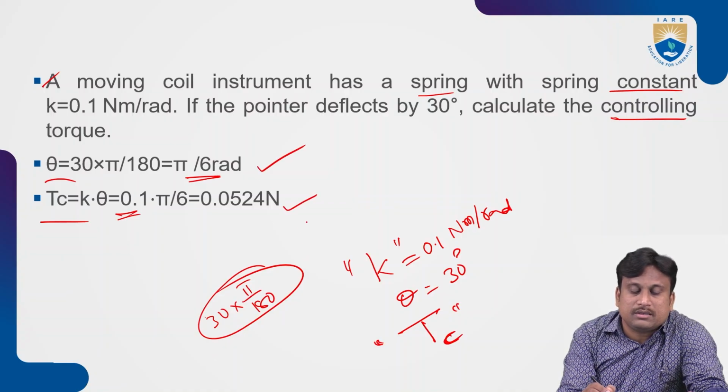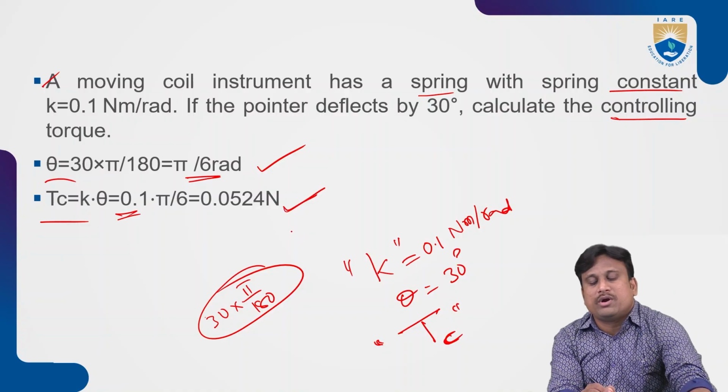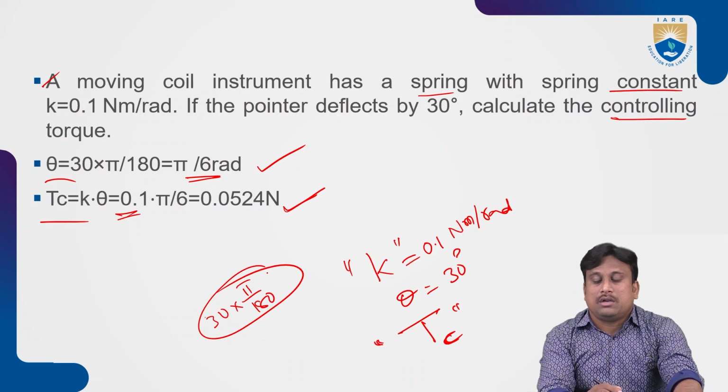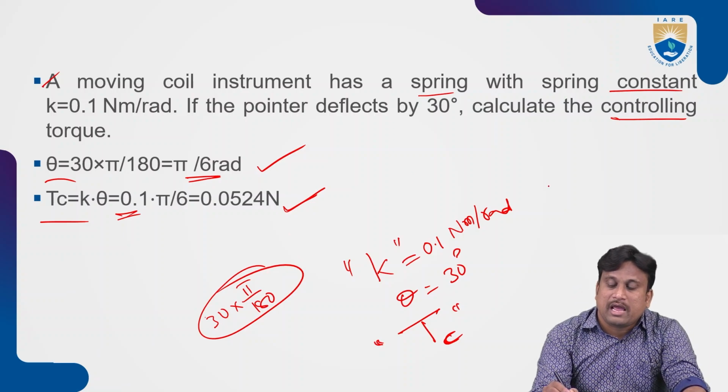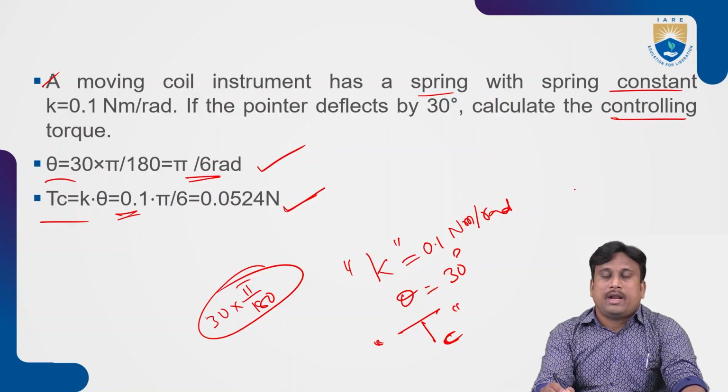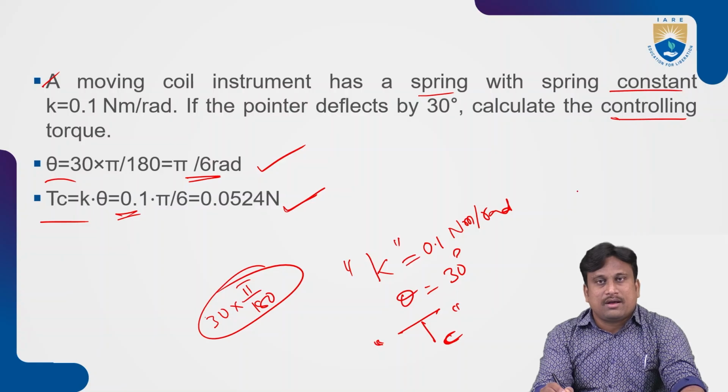So the controlling torque is K into theta, where K is 0.1 and theta is pi by 6. This gives about 0.0524 Newton meters.